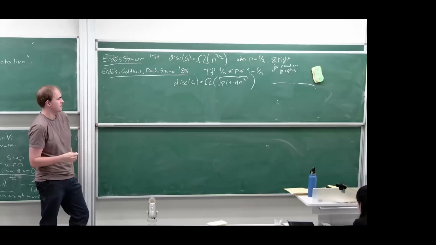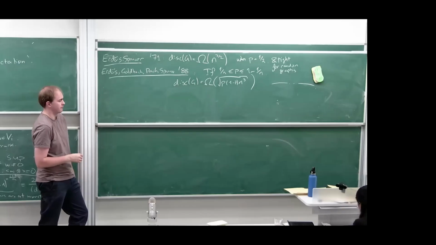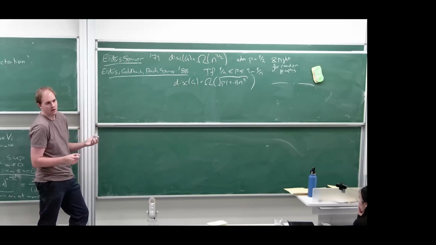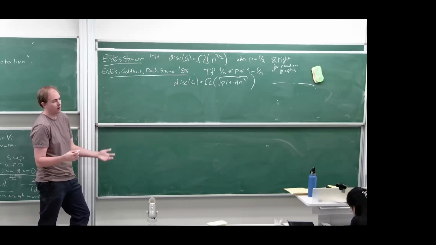So this implies that one of the positive discrepancy and the negative discrepancy is large, but it still leaves the question, how large must the smaller one be?